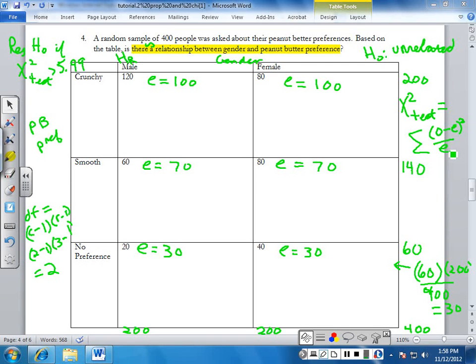So in this cell, remember the observed value is just the values that are given that we saw when we collected the data. So we would have observed minus expected, what we would expect if there were no relationship, squared divided by expected. And that's going to be 4.